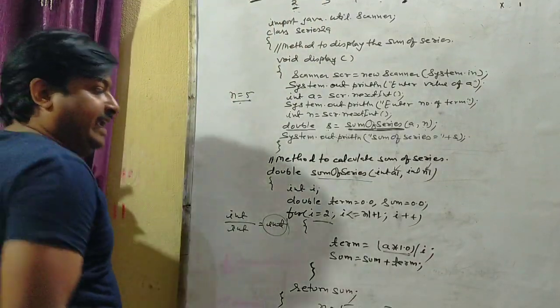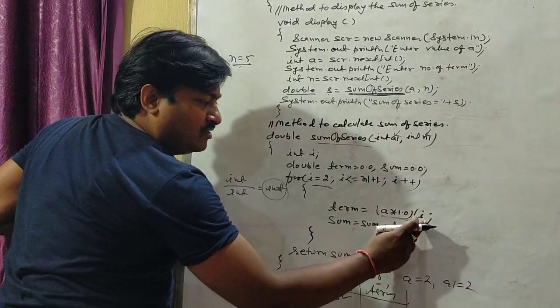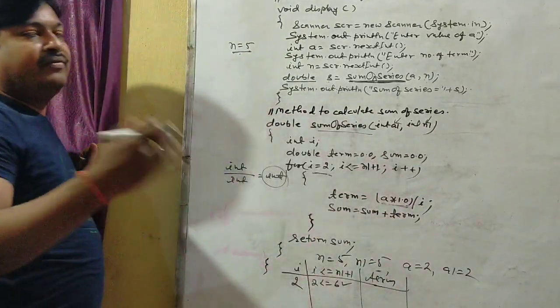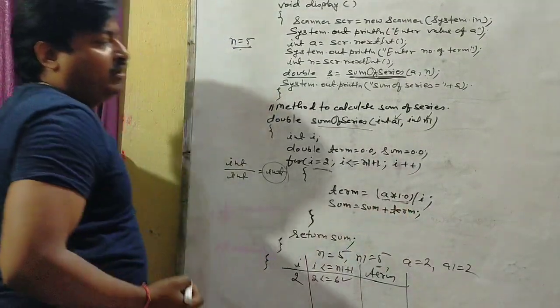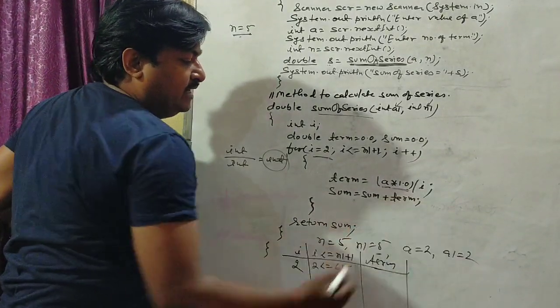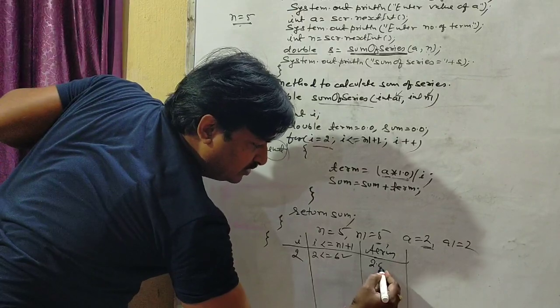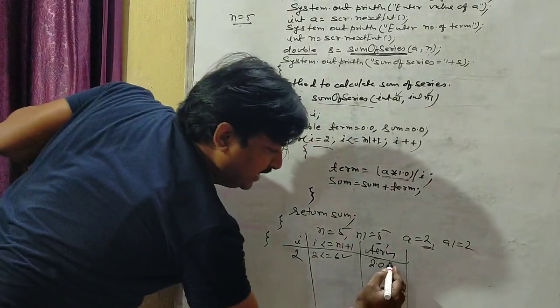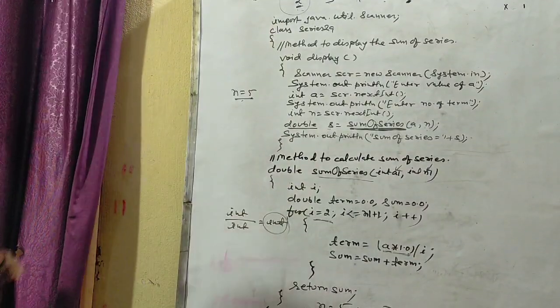Therefore we need to convert any one operand into a fraction. So you can convert a into a fraction by multiplying it by 1.0. The value of a is 2, so it becomes 2 into 1.0, that is 2.0 by 2. This way term 1 will be calculated.